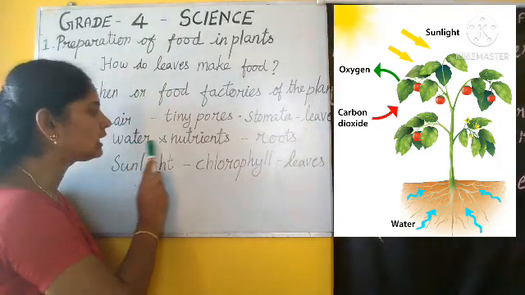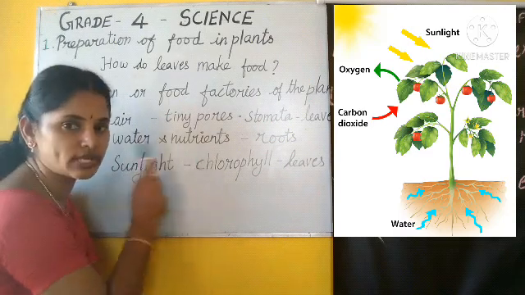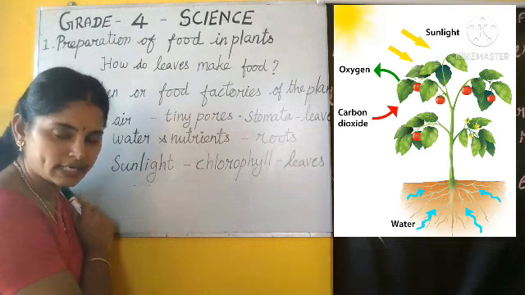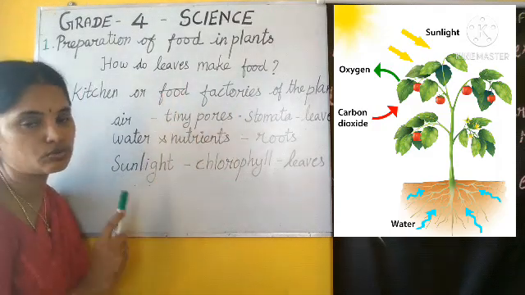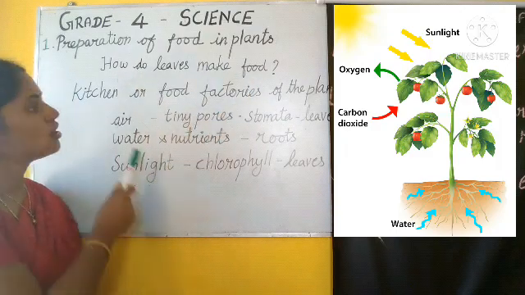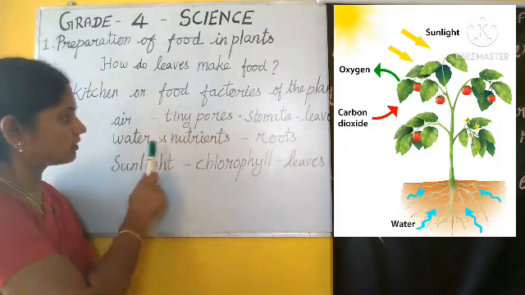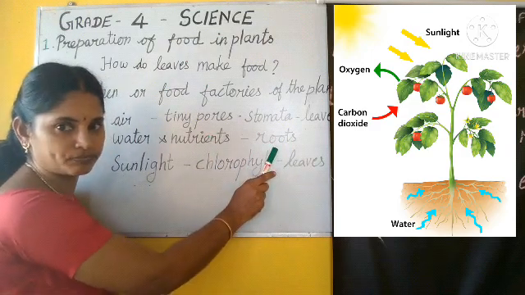Okay. Then water and nutrients. Water and nutrients are needed for the plants to make their own food. The water and nutrients are absorbed by the roots.